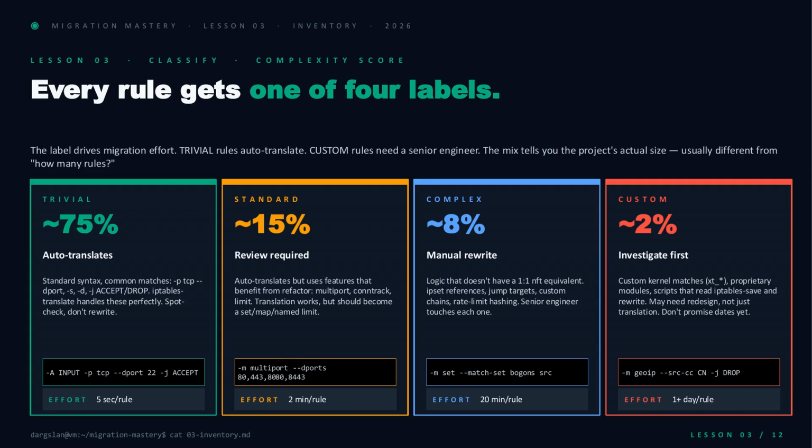They translate, but multi-port or contract matches deserve a refactor into sets and maps. 8% are complex. ipset references, custom chains, rate limit hashing, 20 minutes each, senior engineer only, and about 2% are custom. XT, kernel modules, GeoIP, scripts that parse iptables-save. Those need redesign. Don't promise dates on those yet.